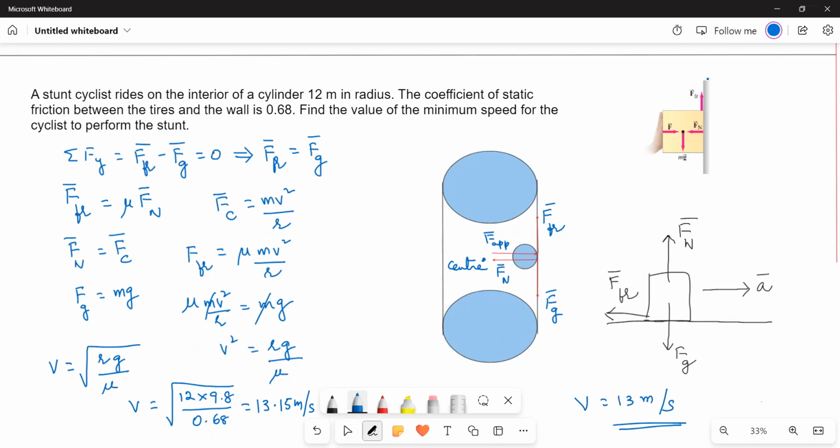If you remember this analogy, you can easily make out that friction can also be in the vertical direction, and the normal force can be in the horizontal direction. Moreover, the normal force can also be the centripetal force, because the normal force is directed towards the center. If you are able to understand this concept, this problem will be very easy for you to do.